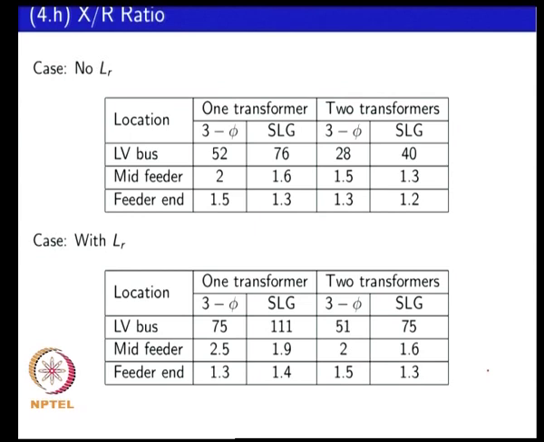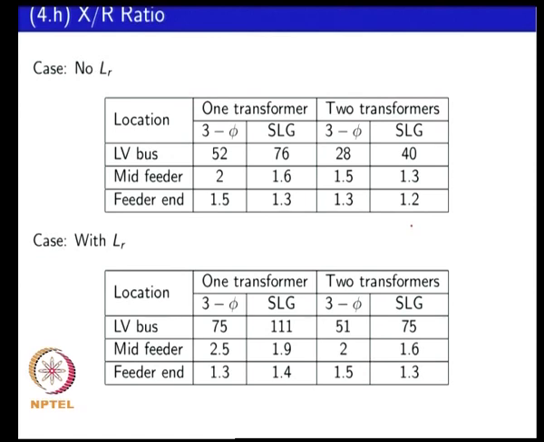So, you can see that the general trend is that the x by r ratio can be quite large, especially if you are close to the equipment such as transformers, etc. But further down on the feeder, your x by r ratios are more typical of what you could expect on a distribution system, where it is more resistive. And as we mentioned, the distribution systems tend to have lower x by r ratios compared to transmission systems.